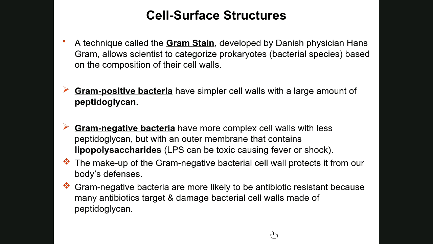So if you look here, there was a Danish physician by the name of Hans Gram. Okay, he came up with a staining technique that allowed him to classify prokaryotes based on the composition of their cell wall.